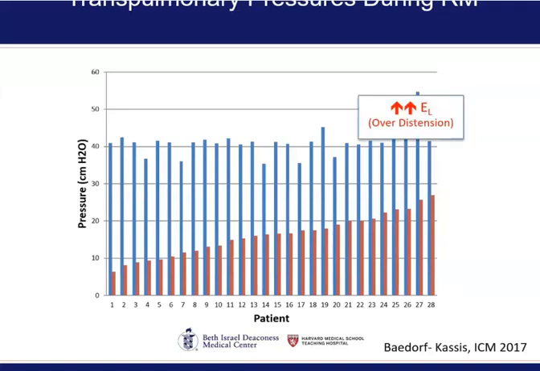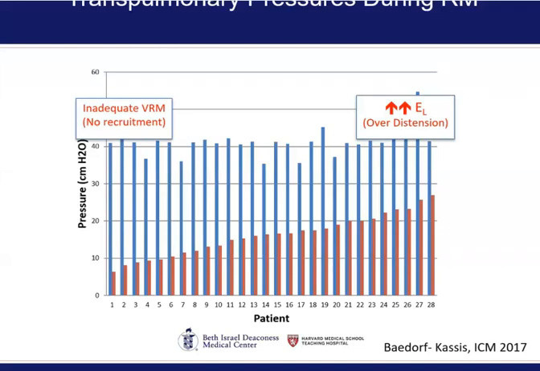So when we looked at the patients who had a higher transpulmonary pressure during the recruitment maneuver, there was a large increase in the elastance of the lung during and immediately after the recruitment maneuver. On the other hand, the patients who had a low transpulmonary pressure recruitment maneuver had an inadequate volume of recruitment.